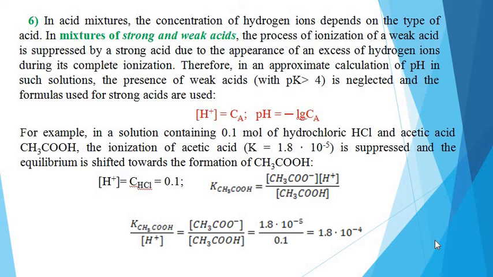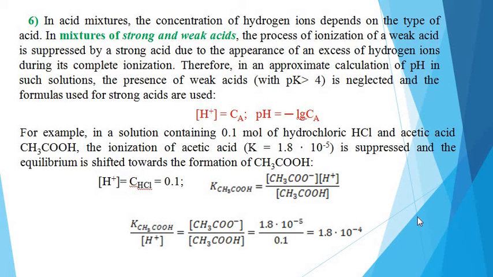Therefore, in an approximate calculation of pH in such solutions, the presence of a weak acid with a dissociation constant index of more than 4 is neglected, and the formulas used for strong acids are used. The concentration of hydrogen ions is equal to the concentration of the acid, and pH is equal to the inverse logarithm of the acid's concentration.